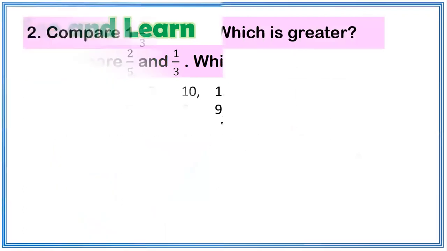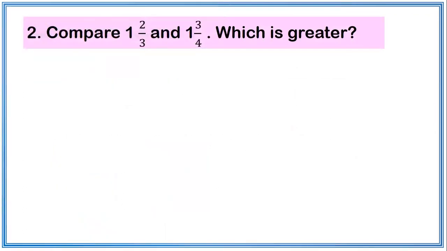Next, let us have another example. Example number 2, compare 1 and 2 out of 3 and 1 and 3 out of 4. So between the two mixed numbers, which is greater? As you can see, the denominators are not the same, so we need to get their common multiple.